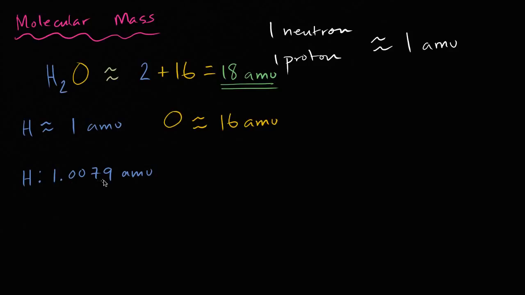So 1.0079 atomic mass units, and the oxygen is 15.999 atomic mass units. And so if you wanted to get a more precise number here, let's get a calculator out.